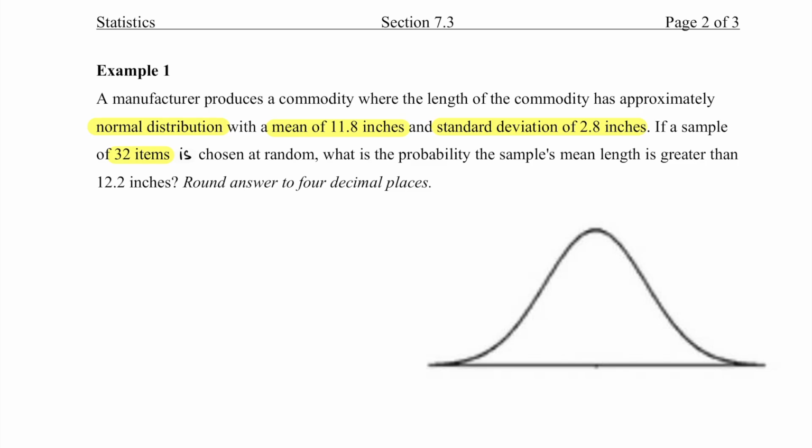The question asks for the probability that the sample mean is greater than 12.2 inches. So we're looking for P of X bar greater than 12.2. Since the question is asking for a sample mean, we'll use the sampling distribution of X bar.